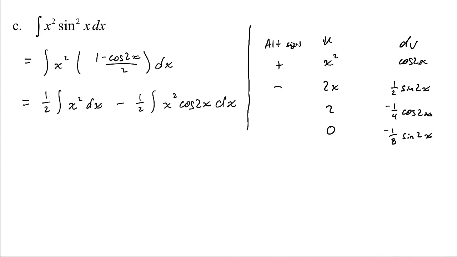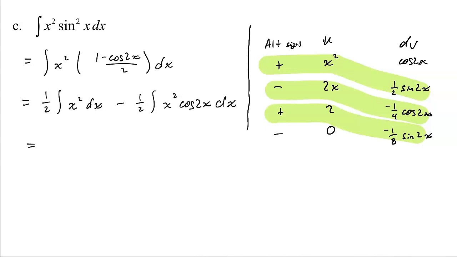And then my alternating signs. So plus, minus, and I'm going to go across and down, across and down, across and down. So I have the first part, that's just x cubed over 3, so I have x to the 3rd over 6 minus 1/2 times all of my integration by parts stuff.